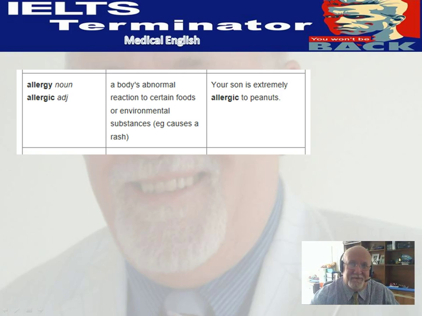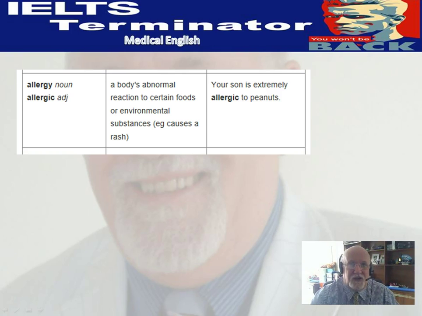Allergy is a noun, and its adjective is allergic. A body's abnormal reaction to certain foods or environmental substances, for example, might cause a rash, where you might say, your son is extremely allergic to peanuts.